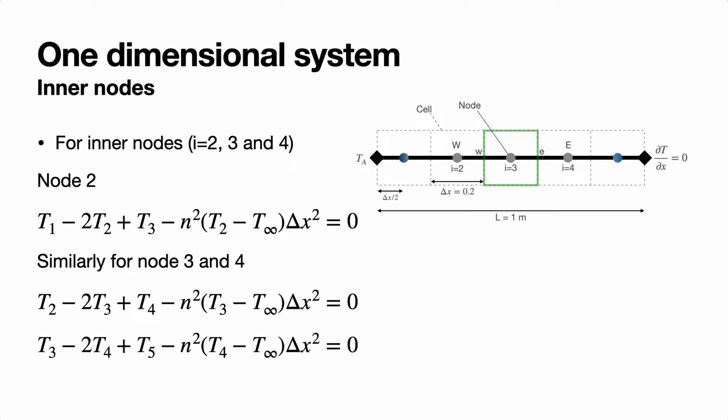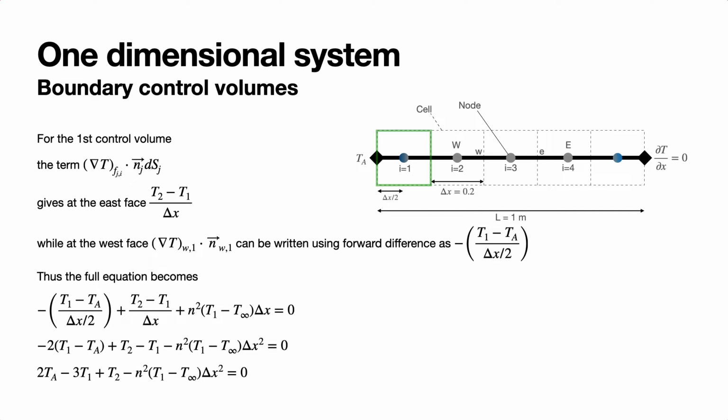We still need to write equations for T1 and T5, which are a little bit different because at the boundary we can still compute at the east face the gradient of temperature using the same formulation as before, but on the other face we have a boundary condition that specifies a fixed temperature, and in that case we can use the forward difference formulation between Ti and Ta itself, which are separated by delta x over 2.